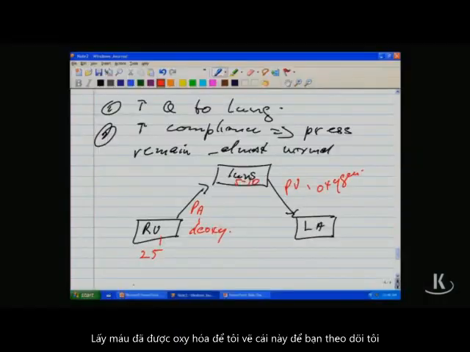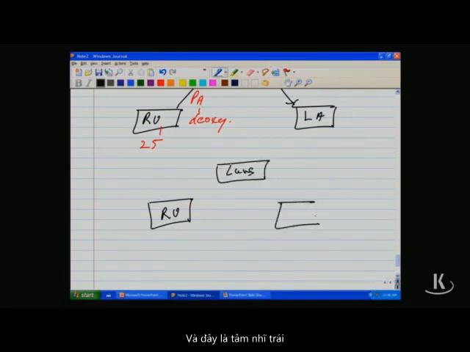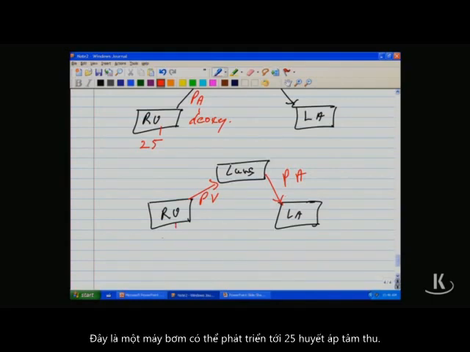Let me draw this so you can follow me. Here again, let's put it the way that normally it should have been. Here is the lung, and this is the left atrium. If we had the pulmonary artery here, and we had the pulmonary vein taking deoxygenated blood, as should have been the case, this is a pump that can develop up to 25 systolic millimeter mercury of pressure.